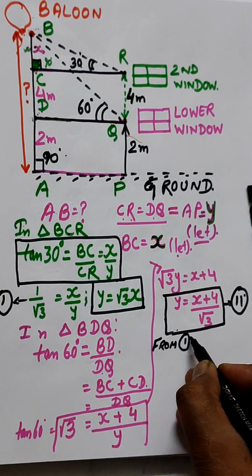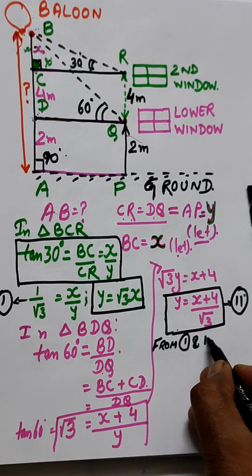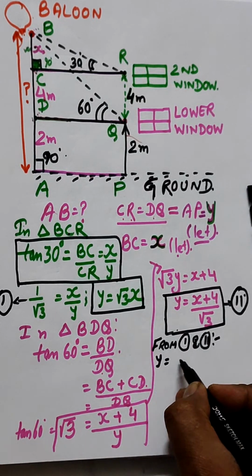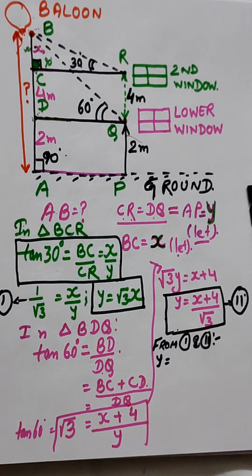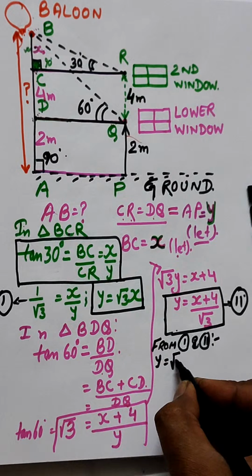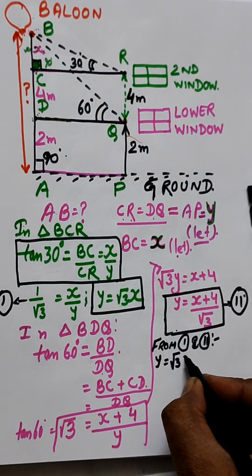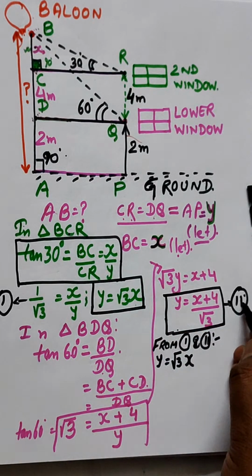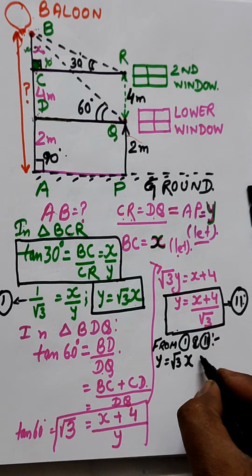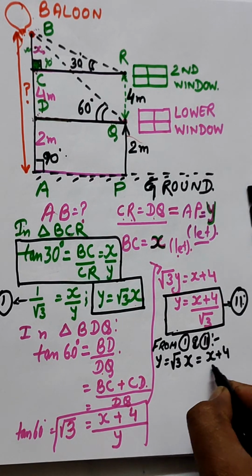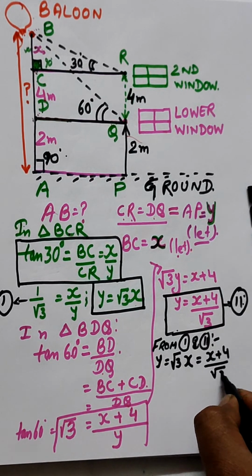From equation 1, the value of y is root 3 x, and from equation 2 it's x plus 4 by root 3.